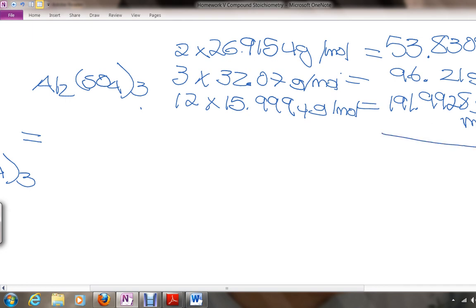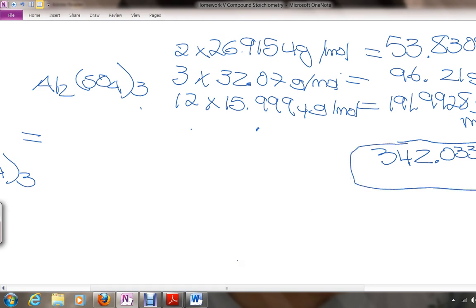So adding 191.9928 plus 96.21 plus 53.8308 gives you 342.0336 grams per mole.